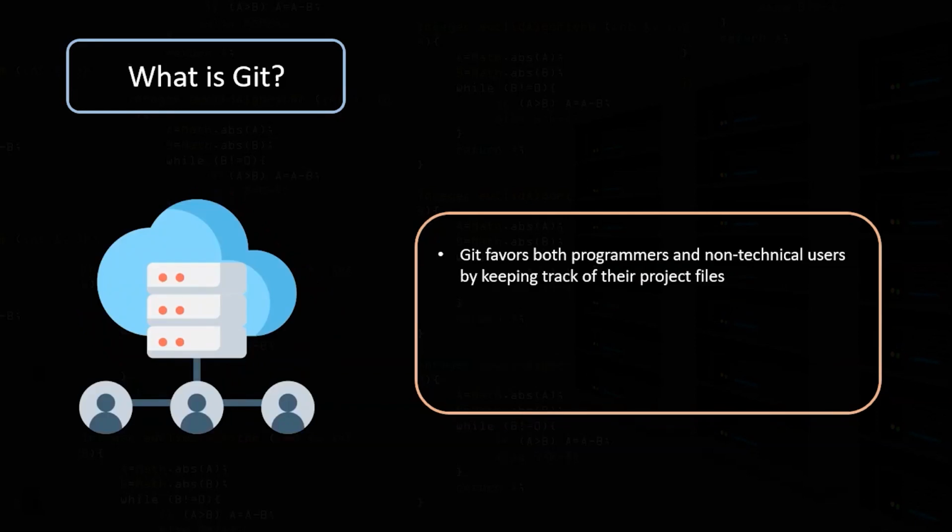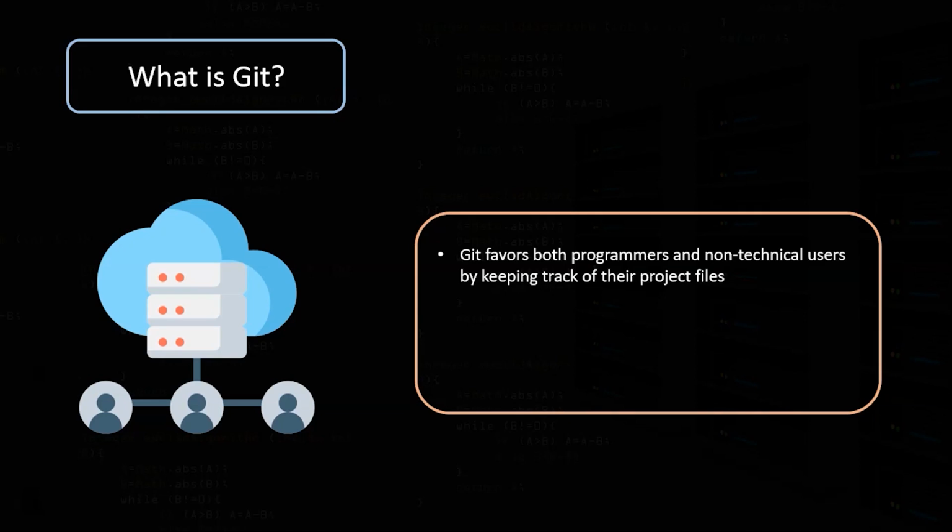Git favors both programmers and non-technical users. If you are a programmer, you will definitely use it for storing source code, having files with .NET source code, Java, or other source code. But if you're not a developer or programmer and you work in a non-technical job, you can also use it for keeping your project files.